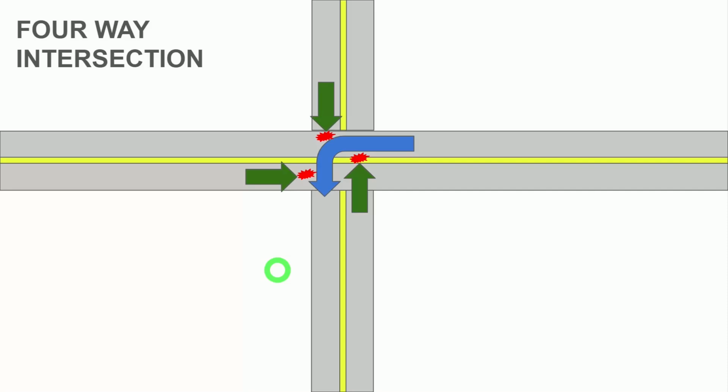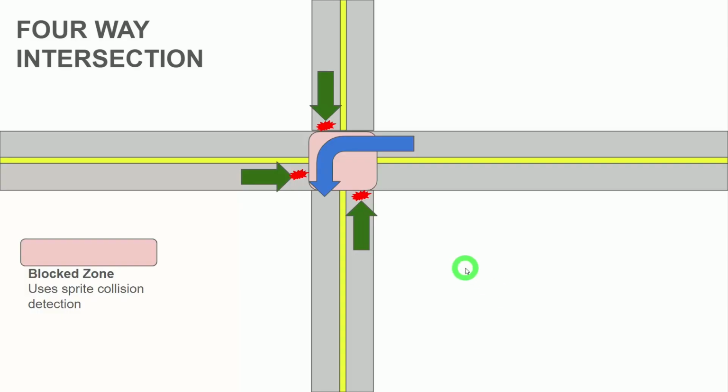But it presents a problem where now, as if I'm the blue car, whether I'm going straight through or turning left, I am exposed to the potential of three Zoomies crashing into me or me crashing into them. Again, the blocked zone can prevent me from hitting them and them from hitting me. Now, you might be wondering, if the other Zoomies can't get into the blocked zone, that blocker sprite, how can the blue Zoomie get into it?